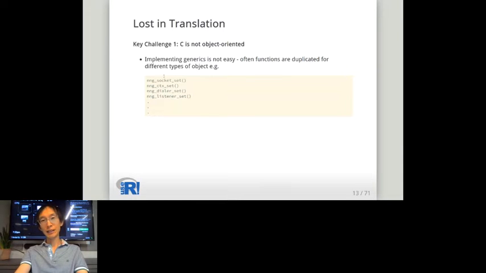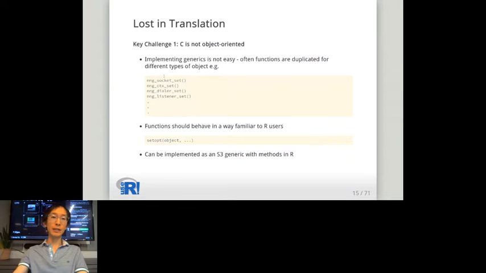Taking NNG as an example, the functions for setting options on objects: you'll have nng socket set, context set, dialer set, listener set, etc. And I wouldn't suggest that you simply replicate those in R. What an R user might well expect is a function, for example setopt, that takes the object as the first argument, and then your options are set as subsequent arguments.